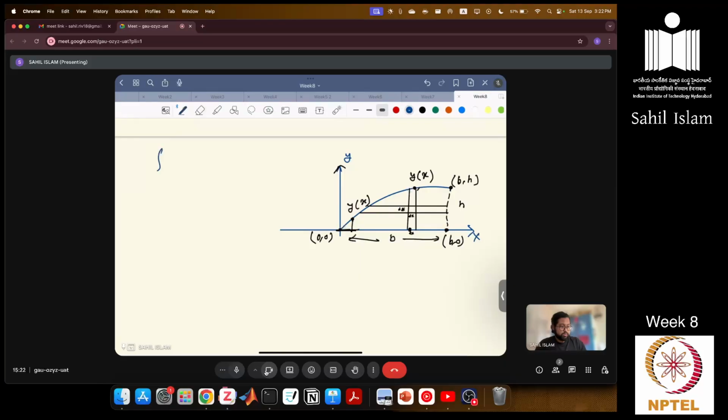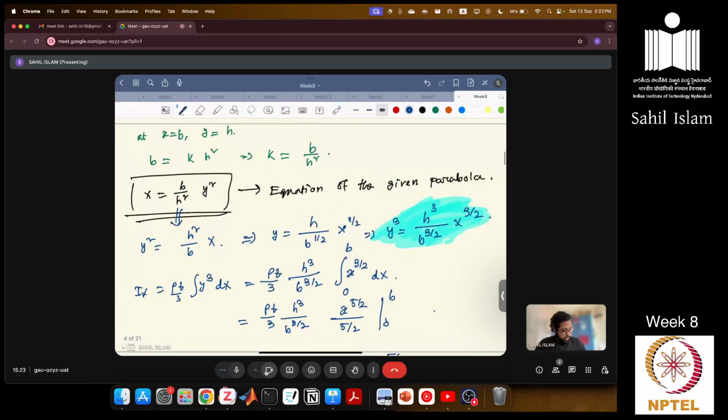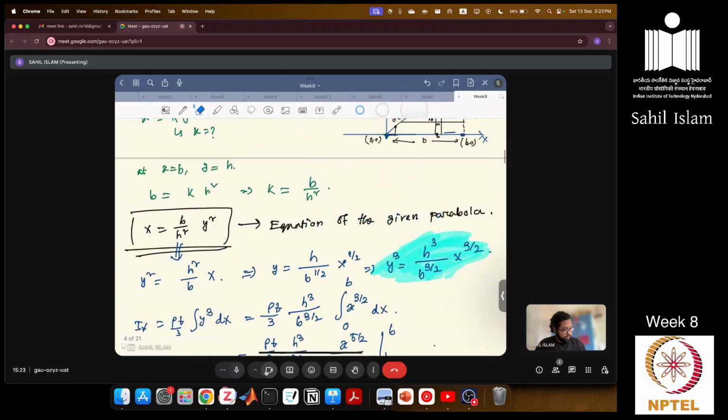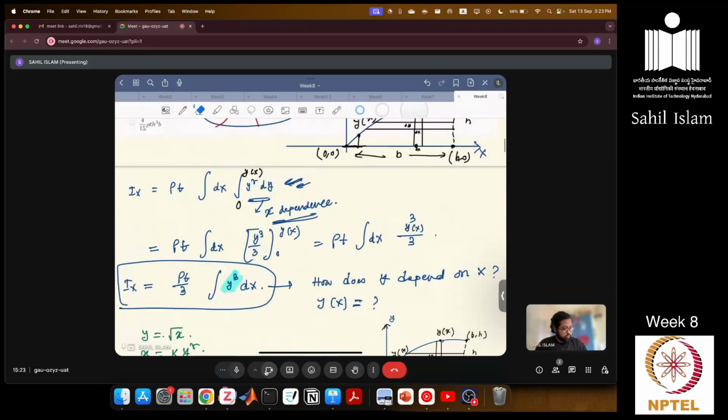It was y square dx dy, right? I am not writing the other part. So if you want to do the x integral first, you keep y square dy aside, the way we kept dx aside, and did the y integral.